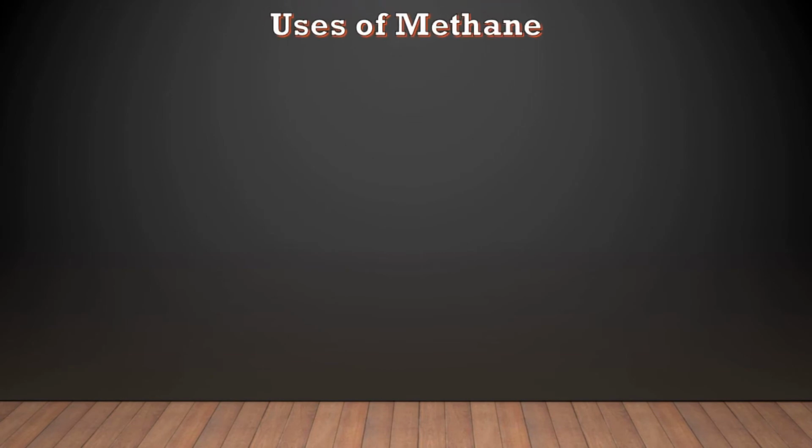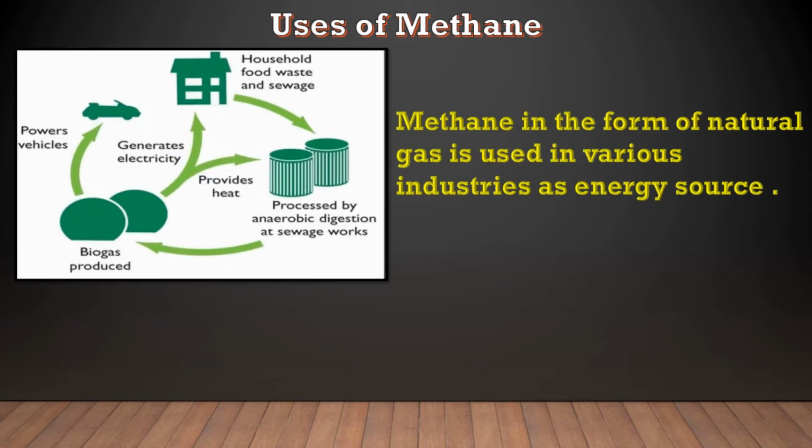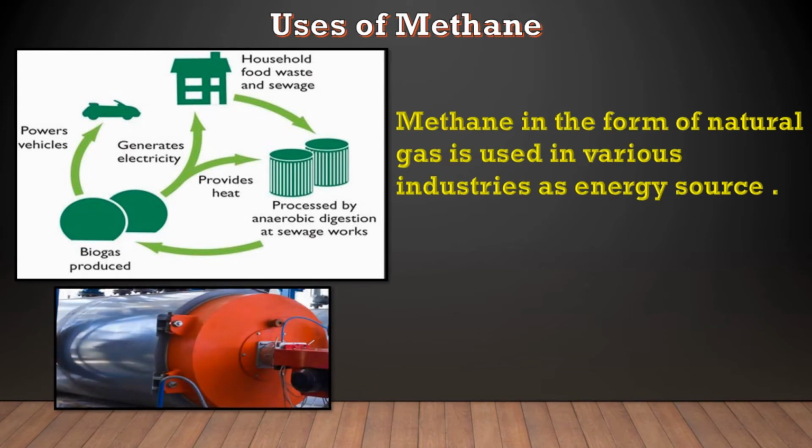Let us discuss various uses of methane gas. Methane in the form of natural gas is used in industries such as fabric mills, paper mills, food processing industry, petrol purification, etc. Methane gas is used to run or to power the engines and turbines in factories and industries.